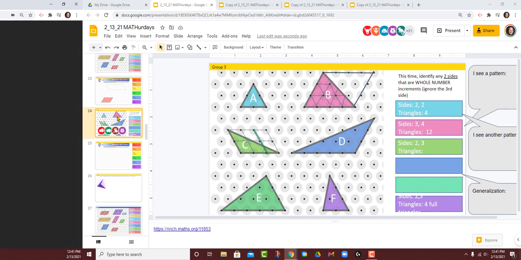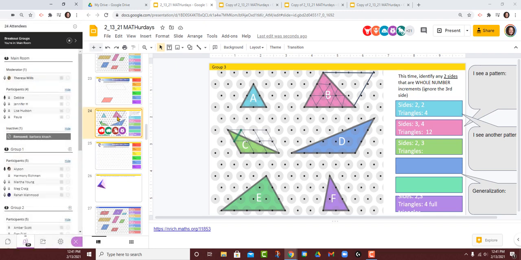I don't know who's working on C, but if you used what we did on slide 22, we should have 1, 2, 3, 6, 12 triangles. So half of that would be 6. So the shaded in C should have 6. So 1, 2, 3, 4, 5. So yeah, I think it's half.